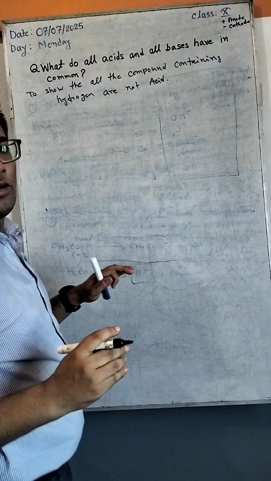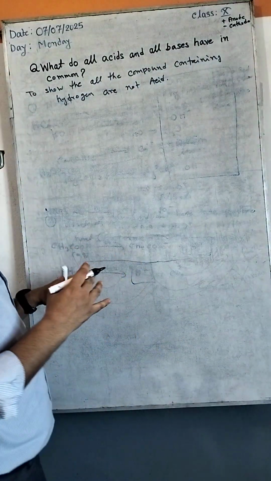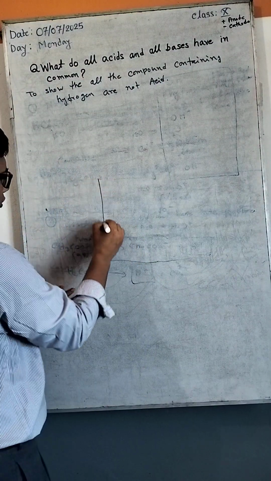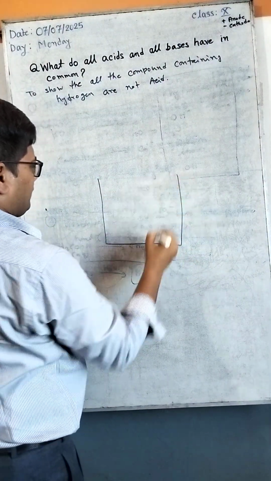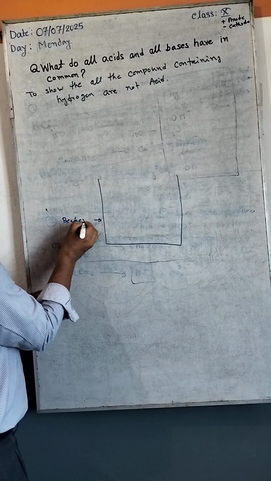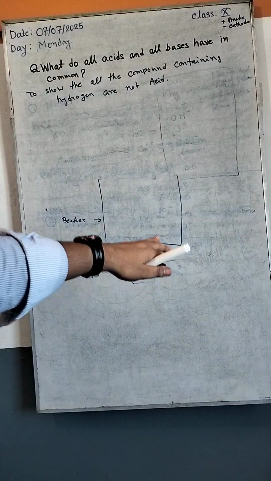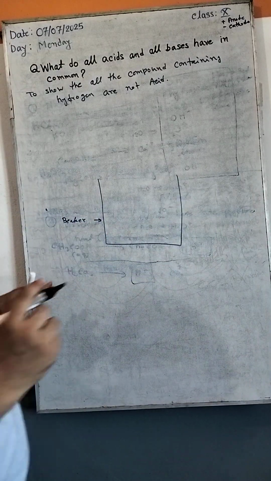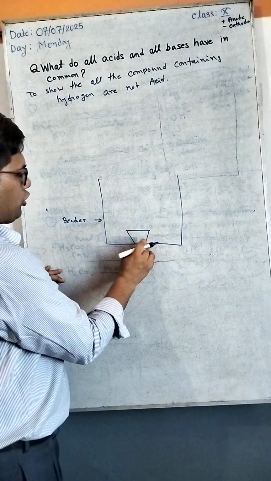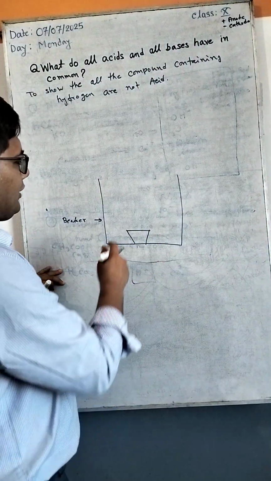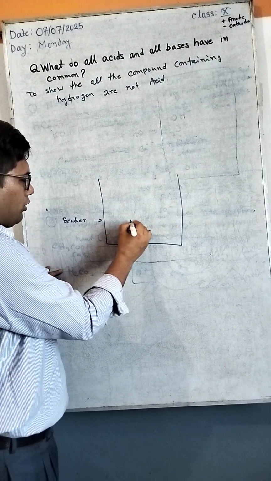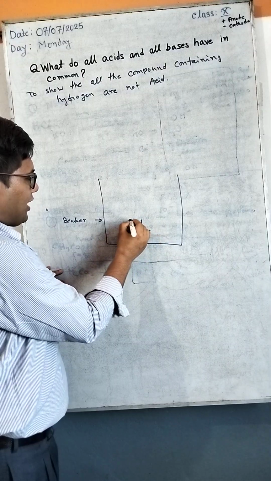One activity in the NCERT books. For the activity, several apparatus are needed. First, you take one beaker. You fix one rubber cork at the bottom, make a hole in the cork, and through the hole you insert the nail.